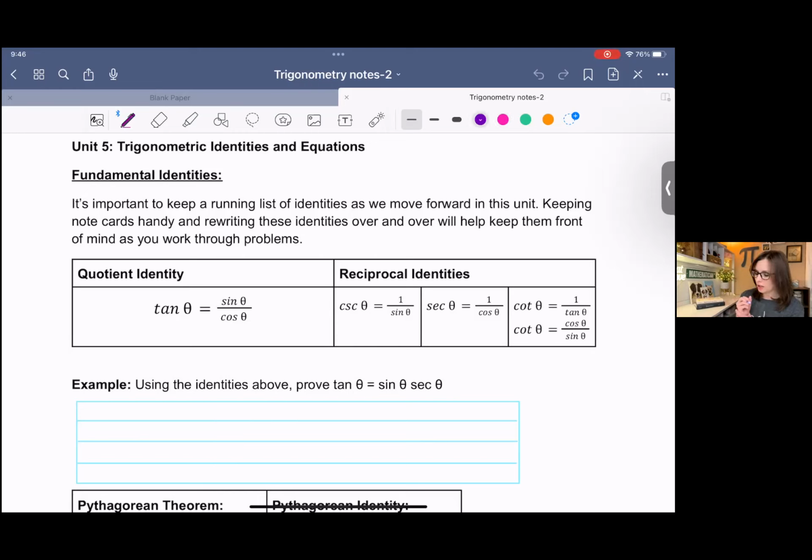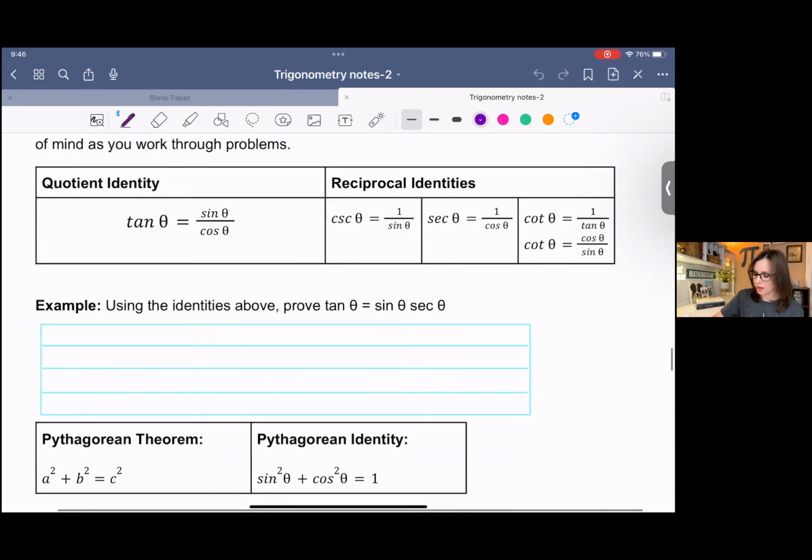So I've got secant theta on the right side here that stands out to me. And I know that secant theta is 1 over cosine theta. So I can swap those out and use some algebra, because you have to know where you're going so that you know where to start.